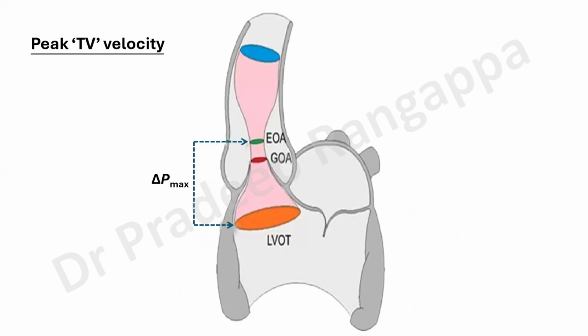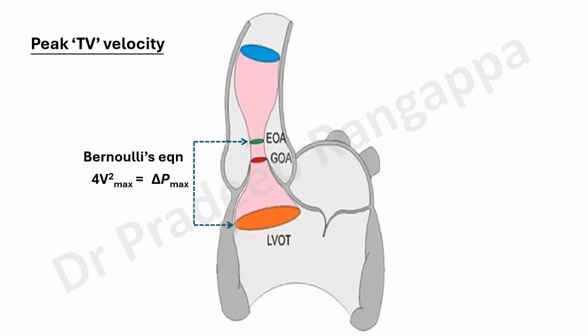This pressure gradient is calculated by applying Bernoulli's principle, which relates the pressure gradient to the velocity by multiplying 4 into V squared, where V is the velocity.